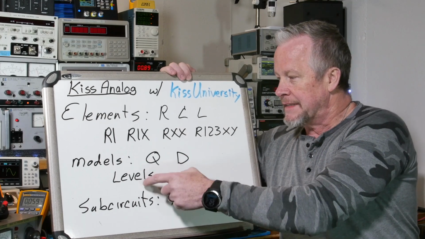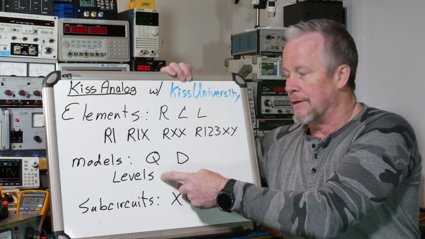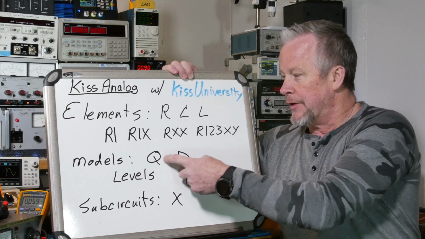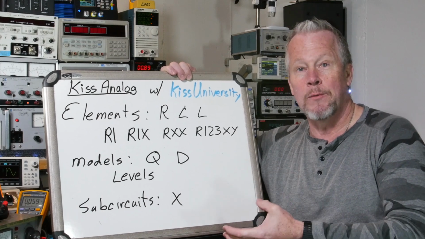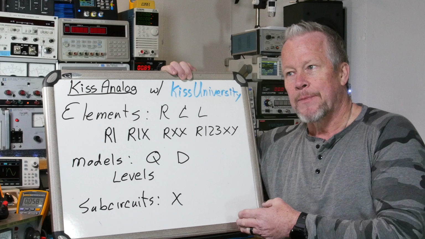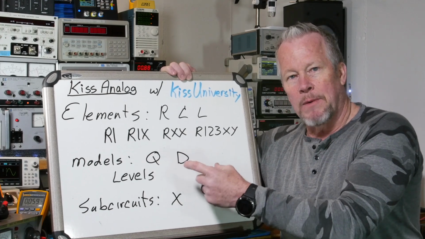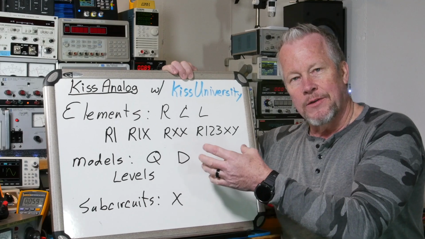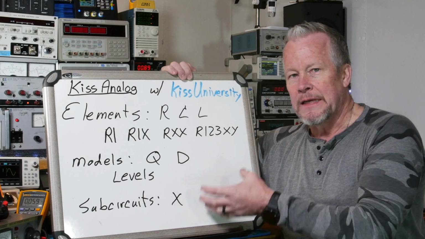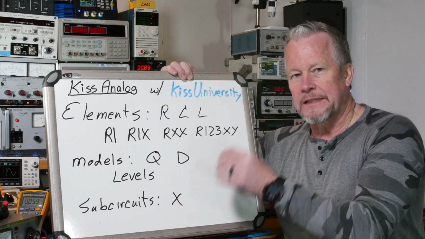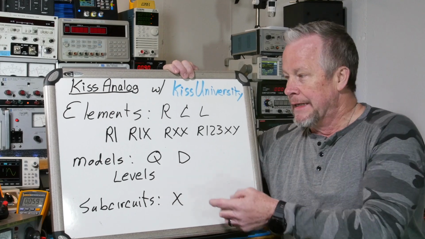Now, these things also can have more levels of complexity called levels. And you can have a transistor level 0 or level 9 or even more. I think MicroCap has many levels. Depending on how deep you want to model that transistor, the thermal junctions and capacitances and all the elements that are inside that transistor, you can go to different levels.